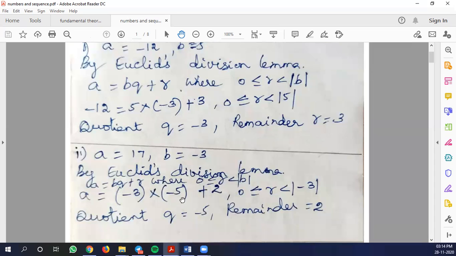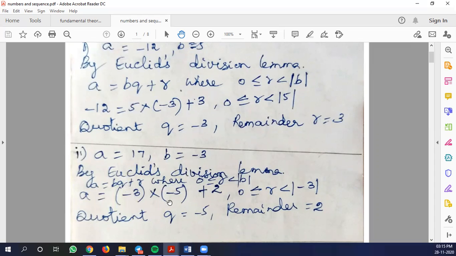Okay. Now the next sum: a is equal to 17 and b is equal to minus 3. So by Euclid's division lemma, a is equal to bq plus r, where 0 is less than or equal to r less than modulus of b. So a is equal to, like the previous one, what is our a here? Now what is our b? Our b is minus 3. So you have to put minus 3 into q, that is the quotient, plus the remainder.